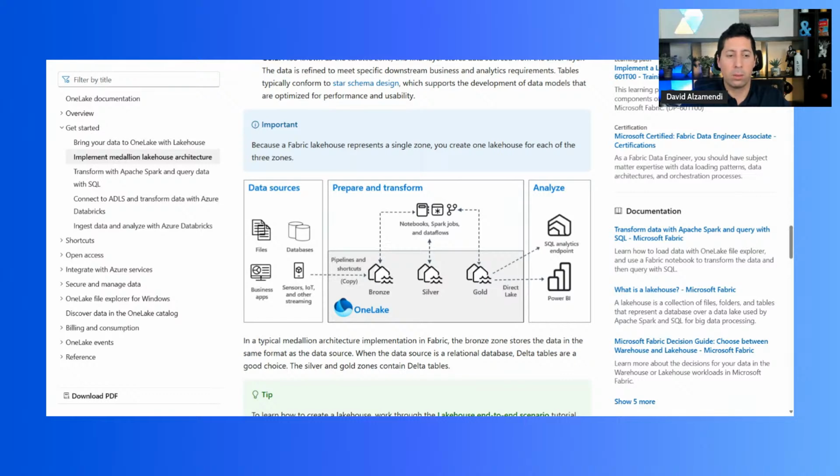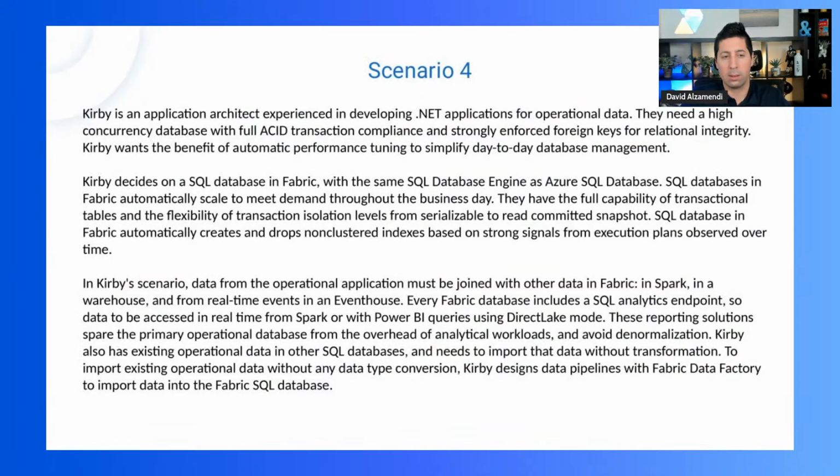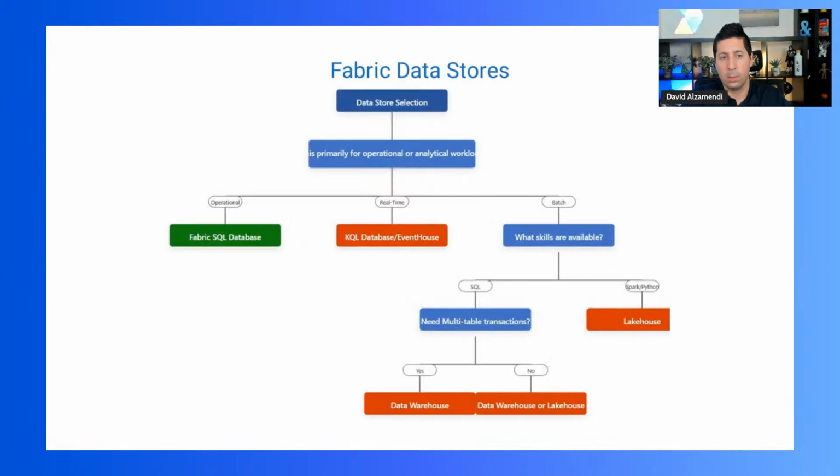But remember, this is essentially Microsoft Fabric, right? And you're going to end up choosing between 4 different data stores: Fabric SQL database, KQL databases, lakehouses, and warehouses. The decision is going to come down to what business case you're trying to achieve, what your requirements are, and based on that, you will choose different data stores.